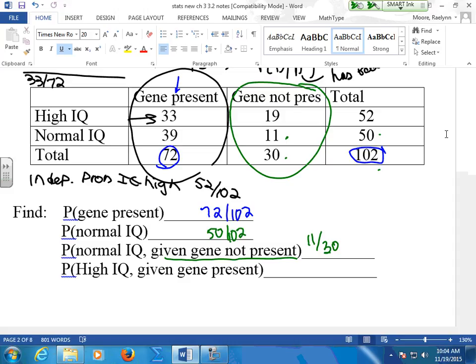Probability of a high IQ given that the gene is present. So we find this. Go to the green circle. That's all you can stay in is this green circle here that we just drew. Probability of a high IQ, 33 out of 72. See how we work those charts?